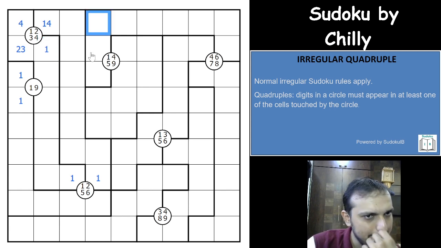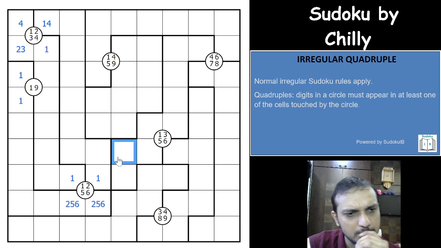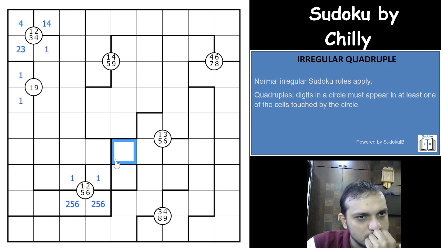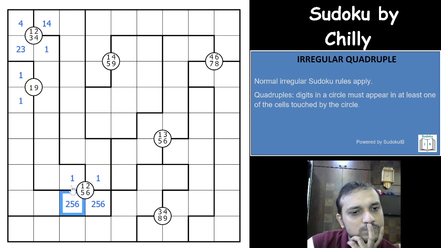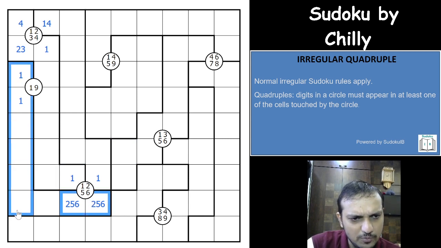Okay, right? 2, 5 and 6. Whatever I have here in these 2 cells cannot be in any of these cells, would have to be in these 3 cells.